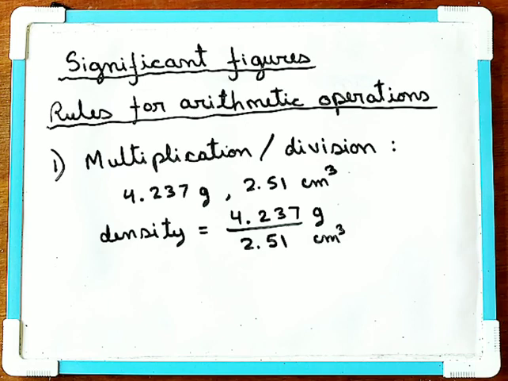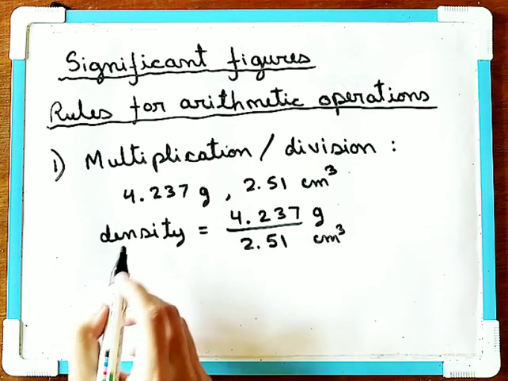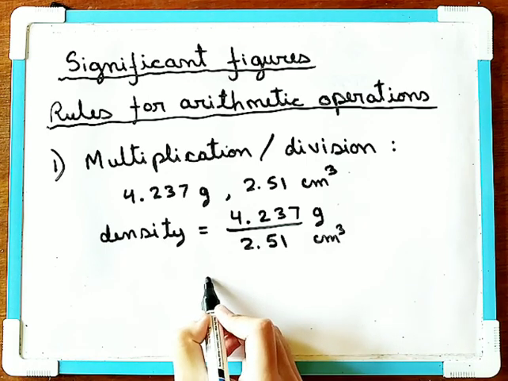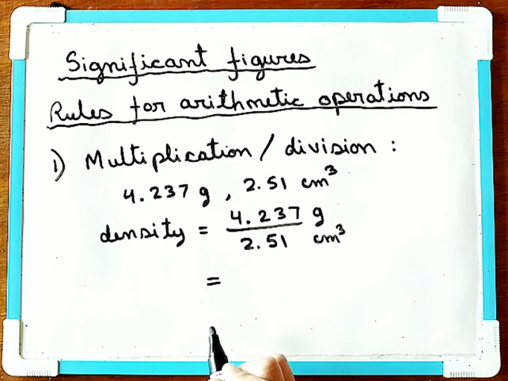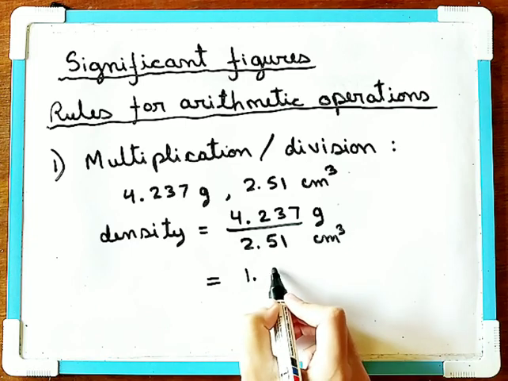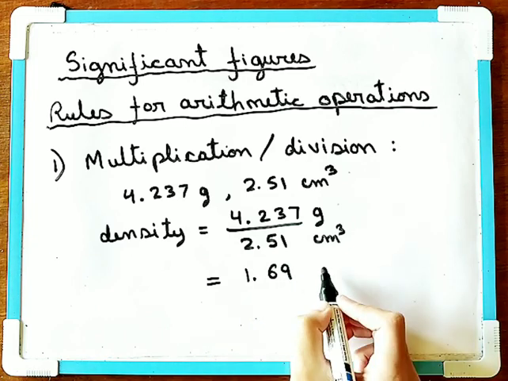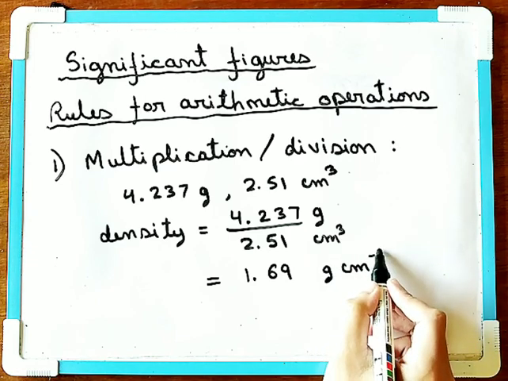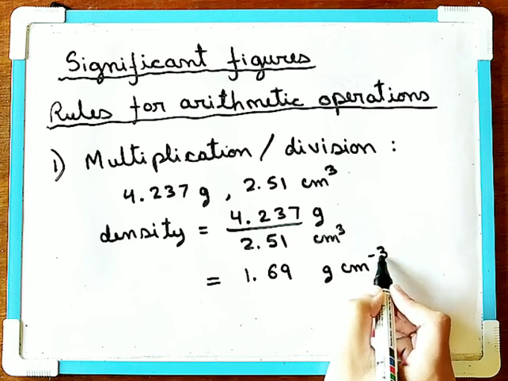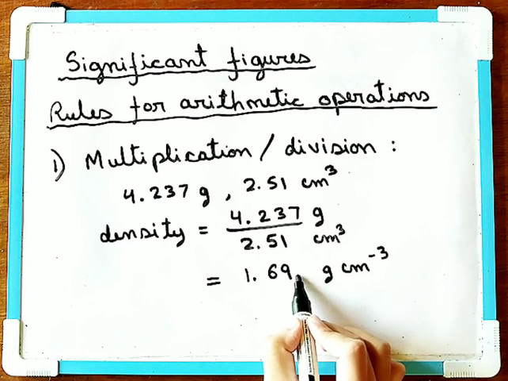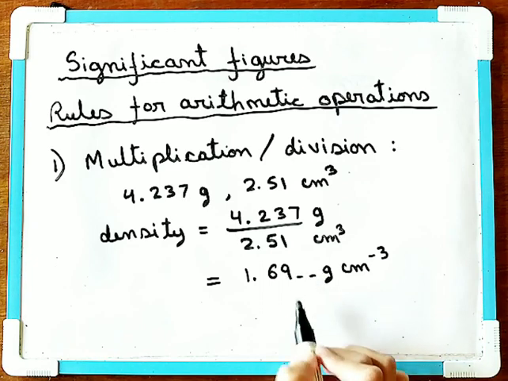If we divide this with this, we'll get the density, and upon dividing, you will get this density to be equal to 1.69 gram per centimeter cube. Now you may get some digits after this 9.